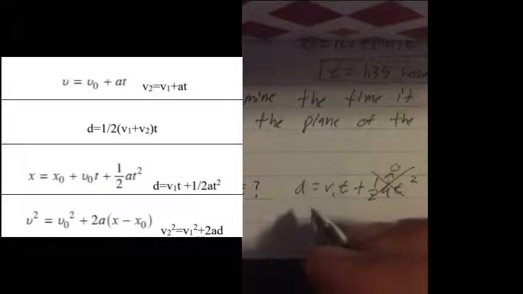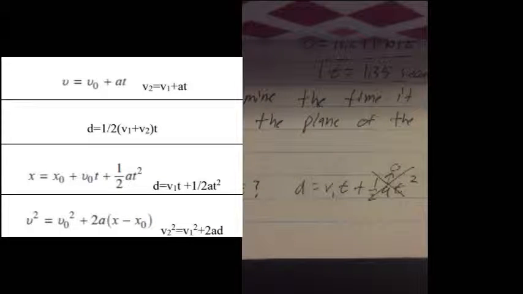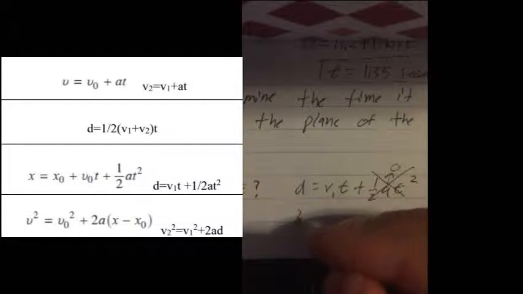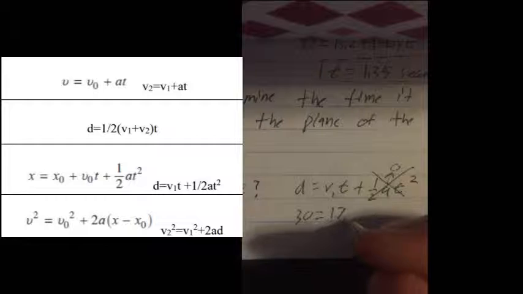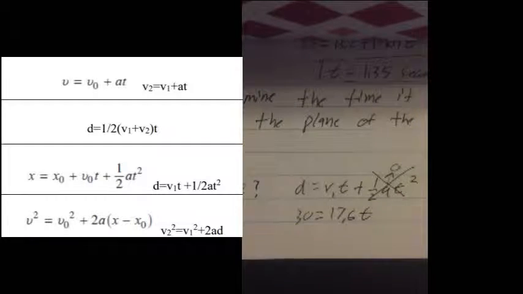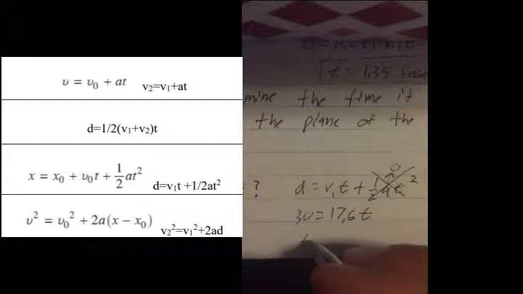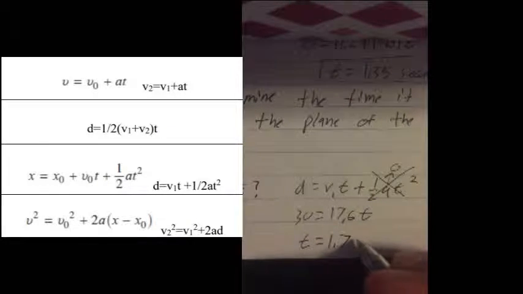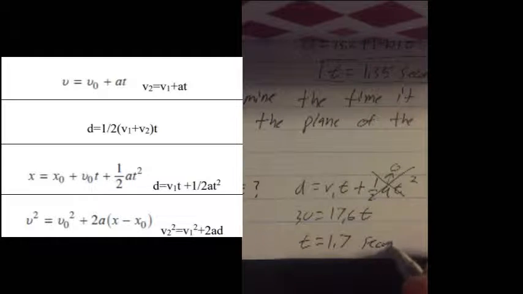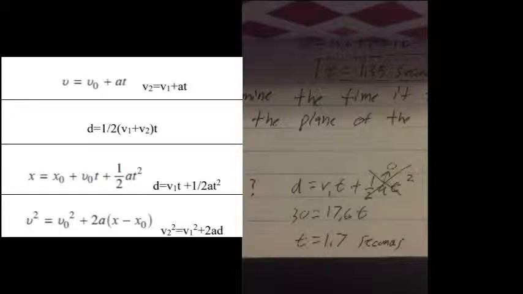So we're left with d equals the initial velocity times the time. That gives us 30 is equal to 17.6 times the time. You divide 30 by 17.6, and you get the time is equal to 1.7 seconds. And that is how long it takes for the ball to reach the plane of the fence.